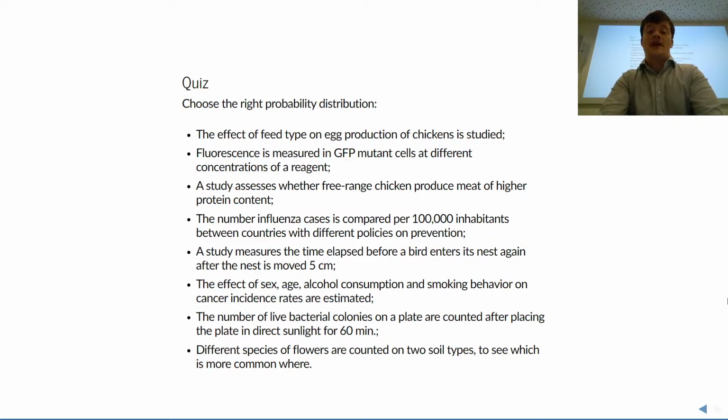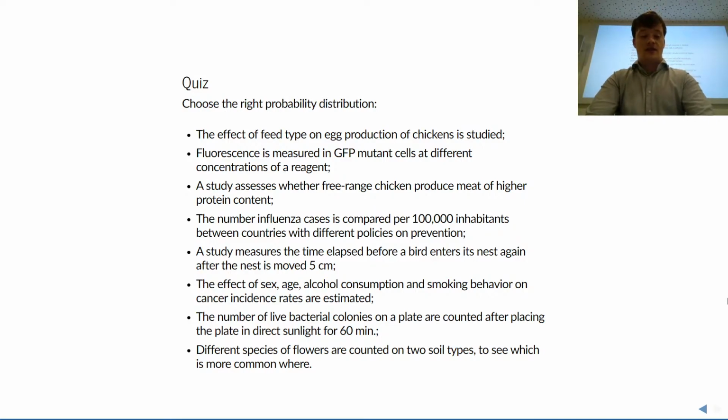Incidence rates. Yeah, cancer incidence rates. And what kind of outcome is that? It's a ratio. So you'd have the number with and the number without cancer. So the starting point would be to use a binomial distribution.